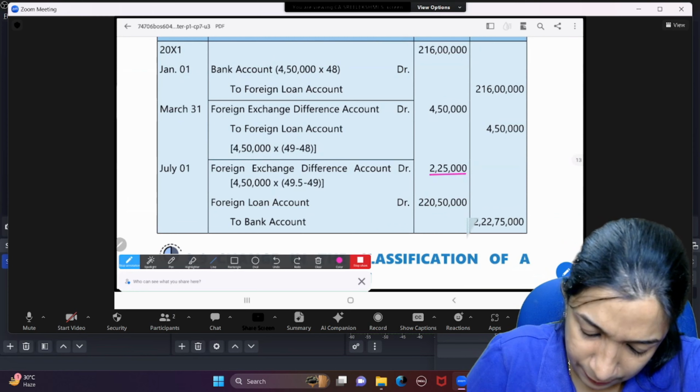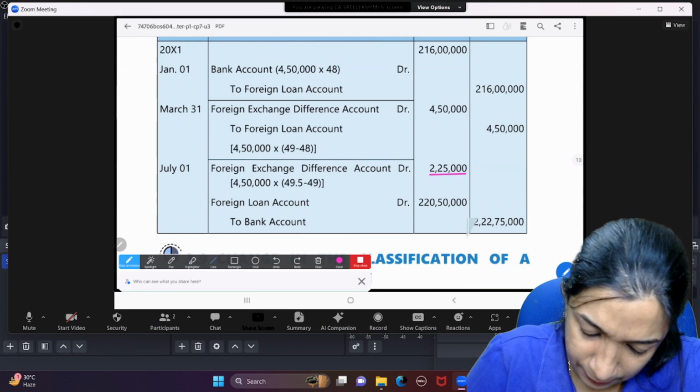So what is the effect of that fluctuation? This 11,25,000 payable is 15,000 into 75, right? It was converted at 75. Now at year end it has become 74. Is it a gain for the entity or a loss?